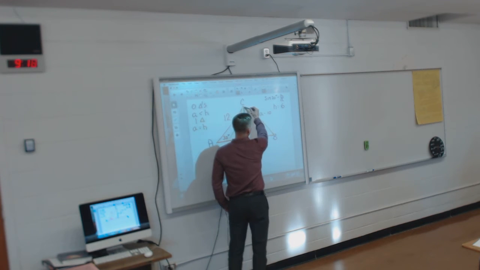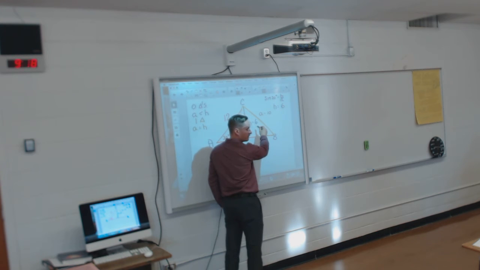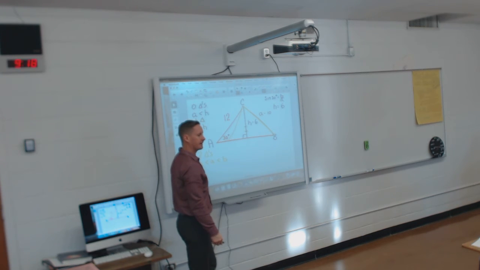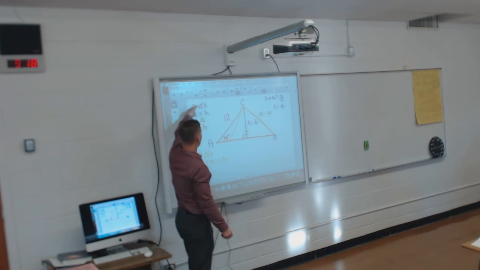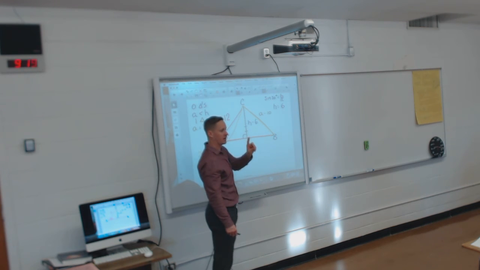That means when they give you this measurement right here, if it's greater than that value that you solve for first, but less than that, you'll end up with two triangles. Okay? So if this length is given to you and it's less than this, no triangles. If it's equal to it, one triangle.